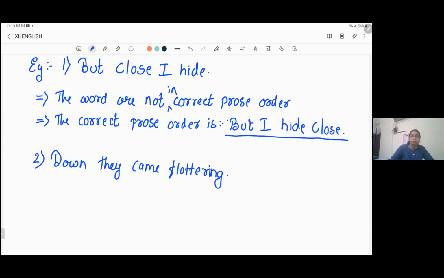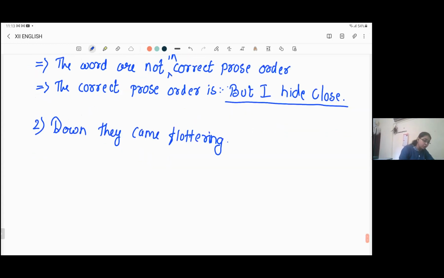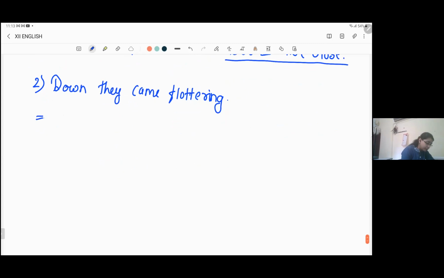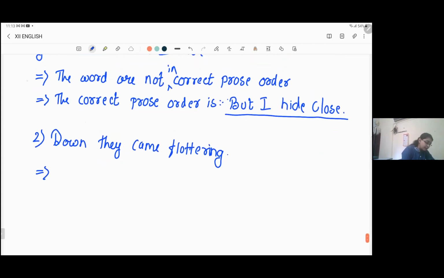Clear? Down they came fluttering. This sentence is not correct. Again, we'll change. You will write the first sentence as above: the words are not in correct prose order.